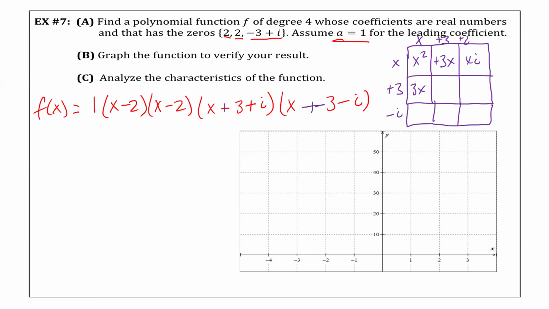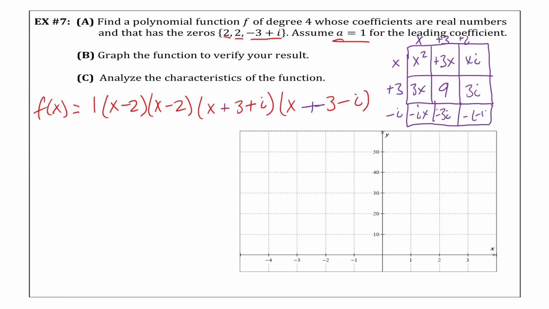All right, 3 times 3 is 9. 3 times i is 3i. x times negative i is negative xi. Negative i times 3. And negative i times i is i squared, which is -1.